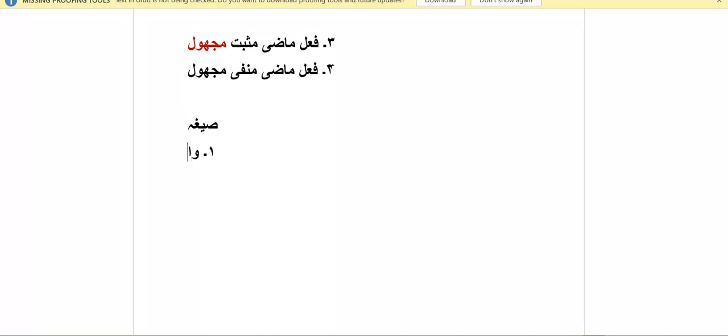So whenever in any book, or if someone says that this is a sega of wahid muzakkar ghaib, this wahid muzakkar ghaib is actually the representation of the file with the fail.